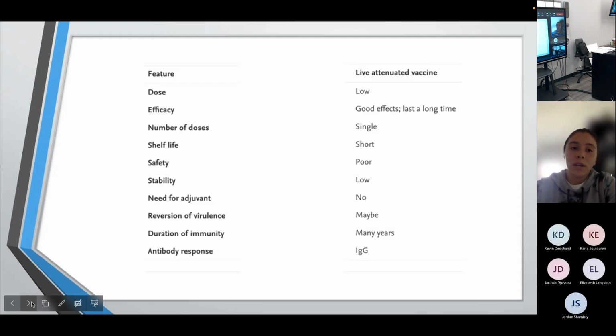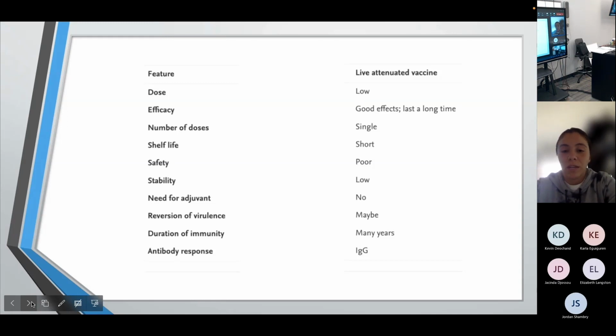It's usually only one, sometimes two, but overall additional doses or booster shots are not usually needed. The shelf life is short. Safety is poor, as we discussed earlier. They are technically contraindicated for people with impaired immunity, so it's not always the best solution. Stability is low. There's no need for adjuvant. And a reversion to virulence could occur.